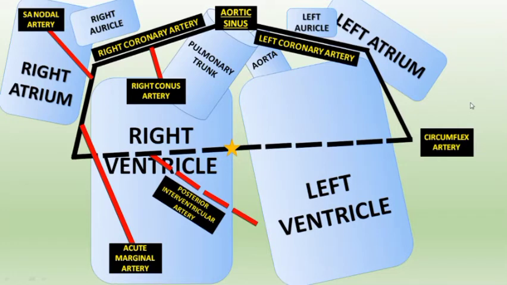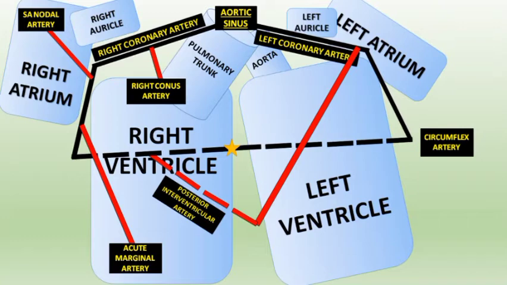Now there is another artery from the left coronary artery. This artery runs down from the left coronary artery in the anterior part of the left ventricle, that is, in front of the left ventricle.